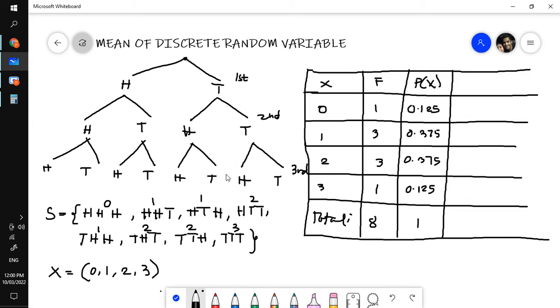Since the highest probability will always be 1 and the lowest is 0. Now, after getting the probabilities, we will then apply the formula for the mean. The formula for the mean, which is denoted by mu, is just equal to the summation of x times p of x.